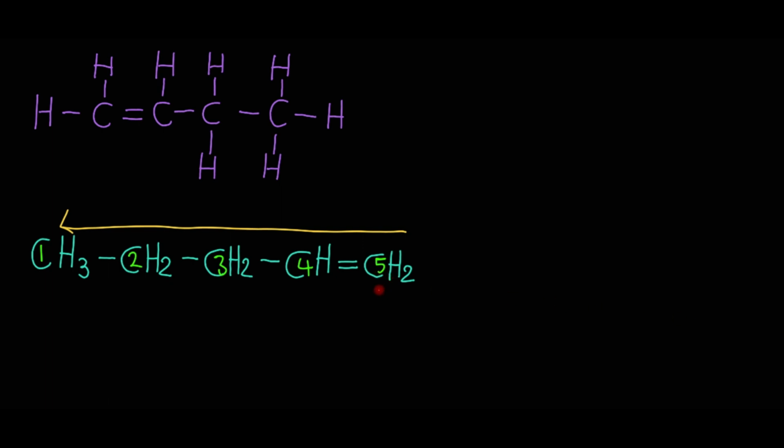This is 1, this is 2, this is 3, this is 4, and this is 5. So we can see our double bond is in carbon number 1 when we move from right to left. So the right naming will be when we move from right to left. So we can say this is 1, 2, 3, 4, 5, because when we move from right to left the double bond is found early, so it is in carbon number 1.